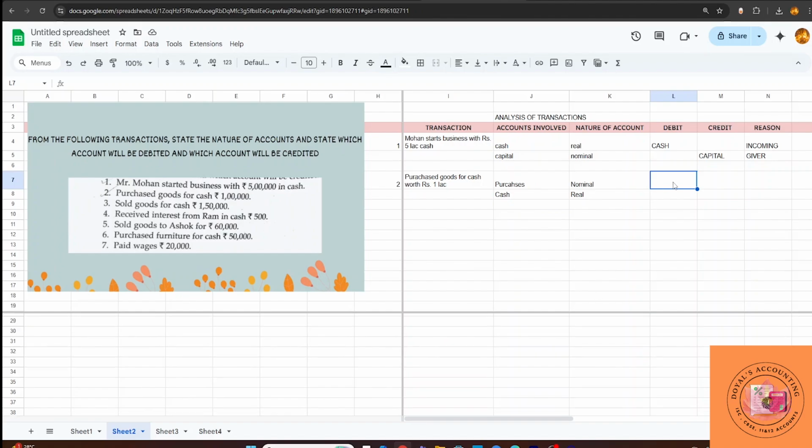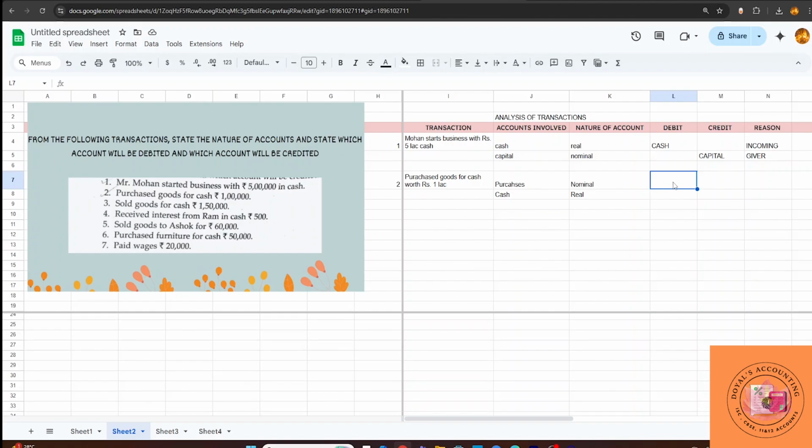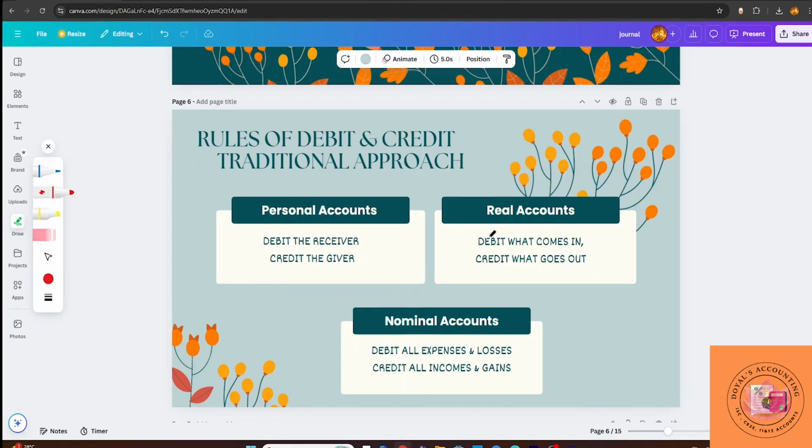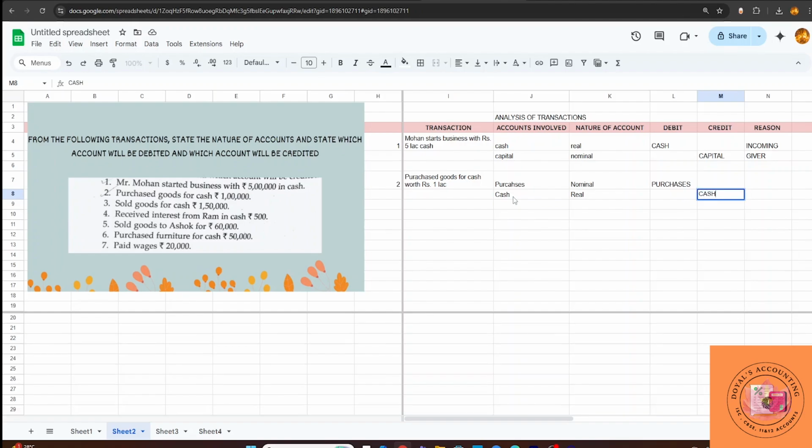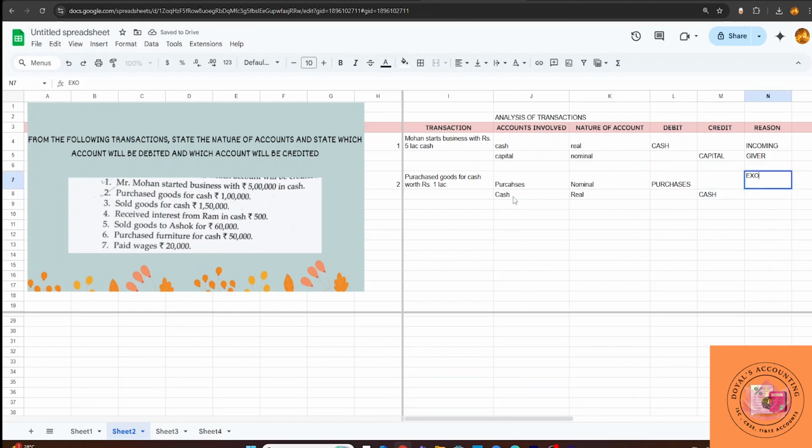Thus, we will debit purchases, and we will credit cash because the rule for a real account is debit what comes in and credit what goes out. What is going out in this case? Cash is going out. So we will credit cash. Expense, and this is an outgoing.